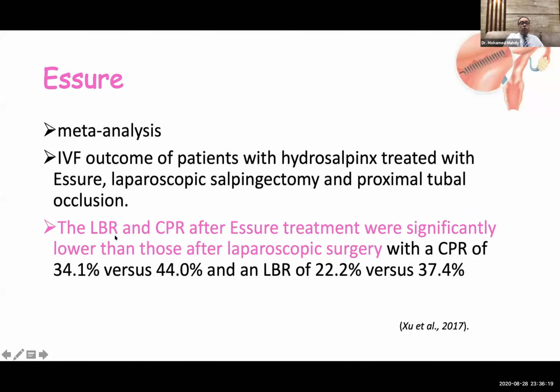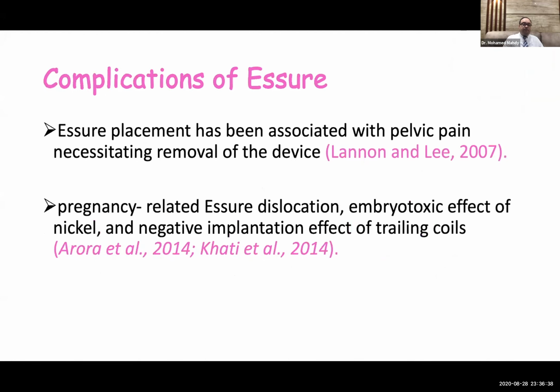A meta-analysis showed that live birth rate and cumulative birth rate after Essure treatment were significantly lower compared with salpingectomy or other surgery. So Essure isn't effective in treating cases of hydrosalpinx before IVF.